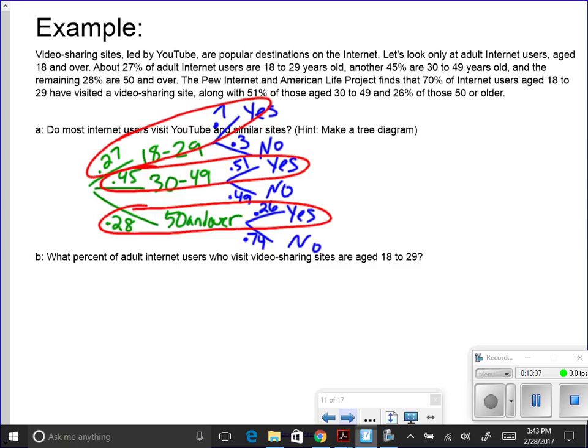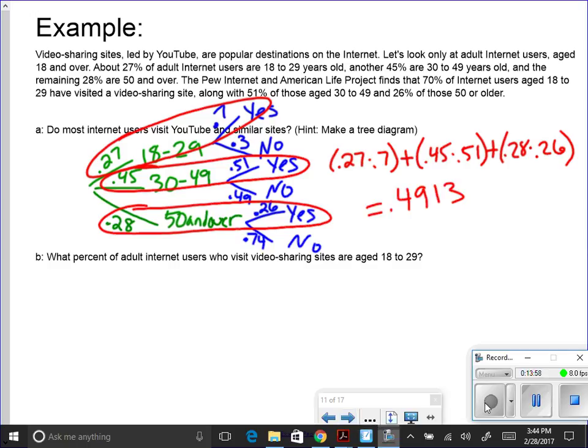So I'm going to find each branch, 0.27 times 0.7 plus 0.45 times 0.51 plus 0.28 times 0.26. So if I add them up, I'm going to get the probability that internet users visit these sites. So about 49% of internet users visit video sharing websites. So the question was, do most visit? So the answer is no.